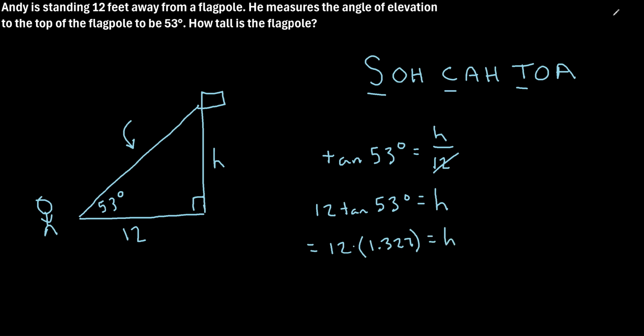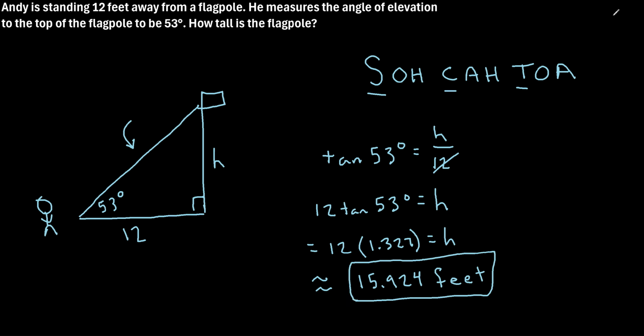So H is equal to 12 times 1.327, that turns out to be about 15.924. And remember, the units we're using is feet. So the height of this flagpole is about 15.924 feet.